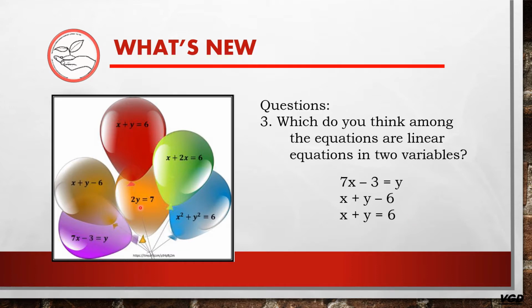Take note that 2y equals 7 and x plus 2x equals 6 are not linear equations in two variables because they are linear equations in one variable, since they only have one variable. And x squared plus y squared equals 6 is not a linear equation in two variables because of the exponent 2. Take note that a linear equation in two variables only has one exponent.